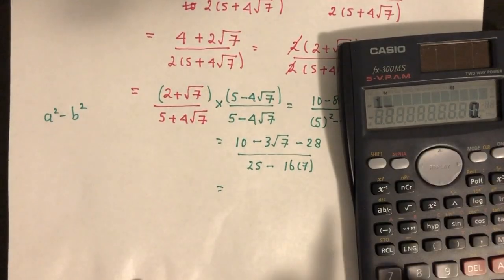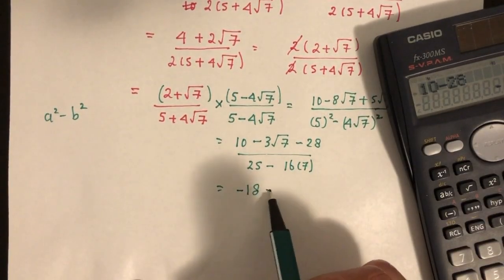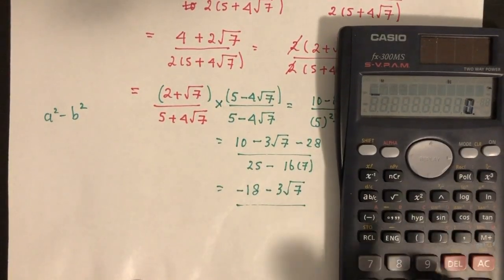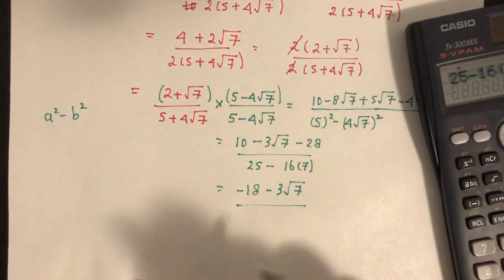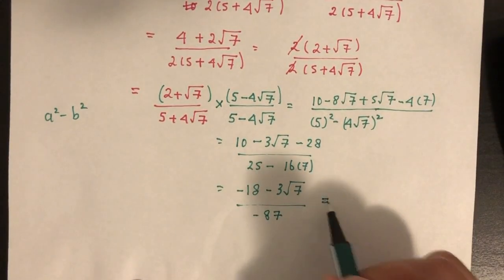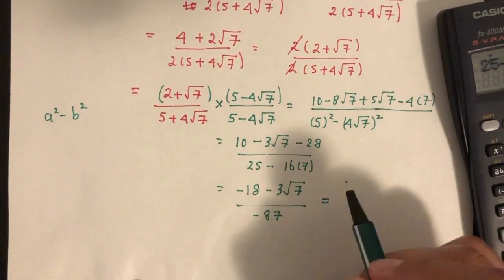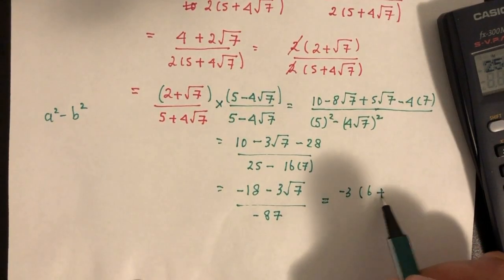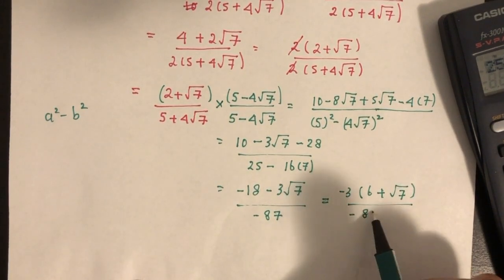So 10 minus 28, that will be minus 18 minus 3 root 7. And the base will be 25 minus 16 times 7, that will be minus 87. Now let's simplify. We can factorize 3 on top, minus 3 out. You will have 6 plus root 7 divided by minus 87.